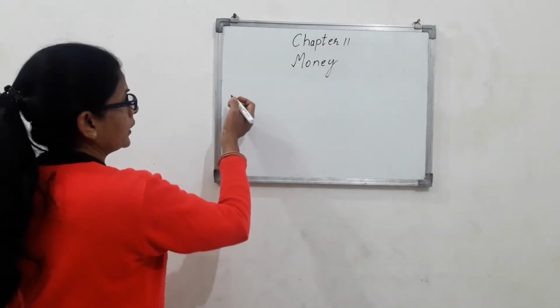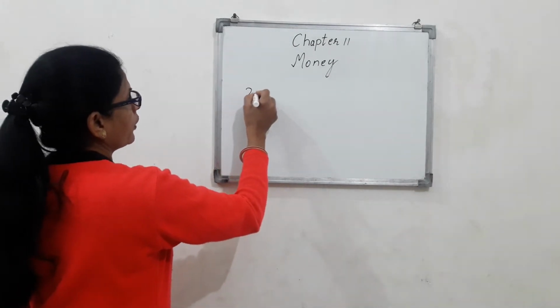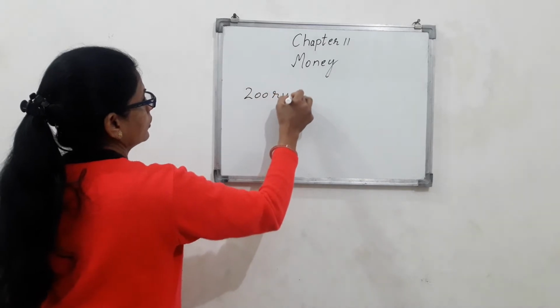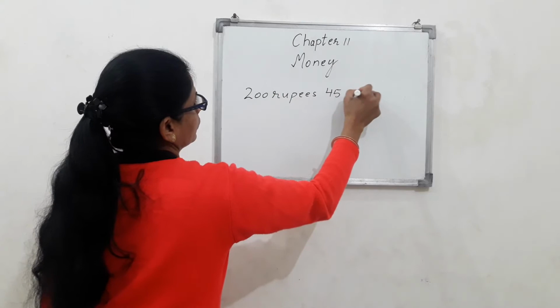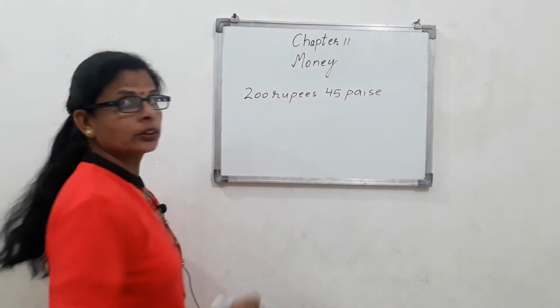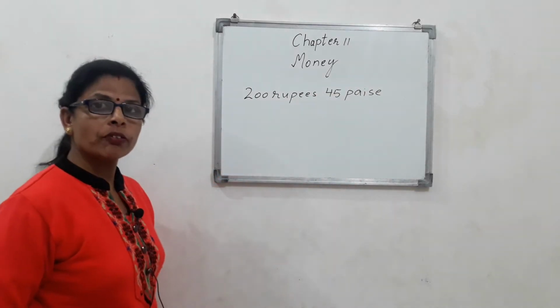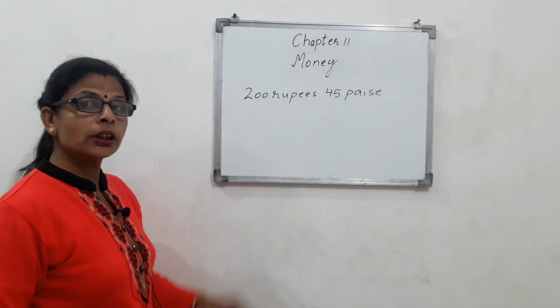Suppose the question is 200 rupees 45 paisa. How to write this in words?